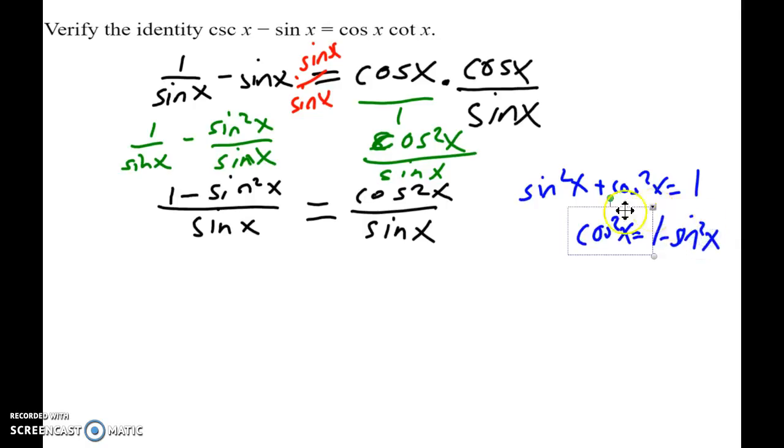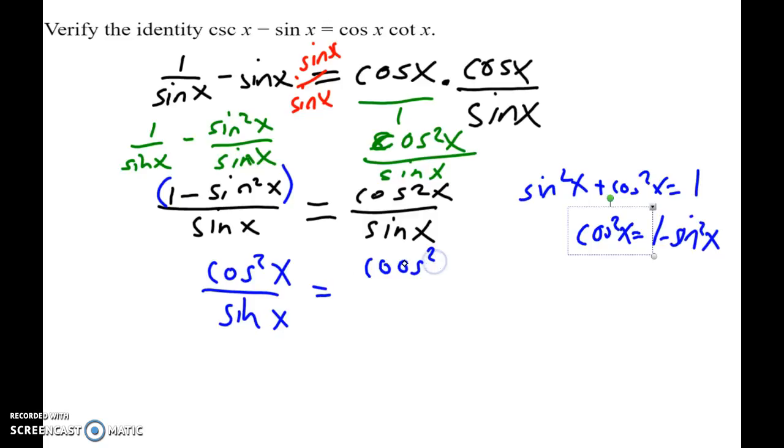So by that identity, this can get traded out for cosine squared of x, and then we've got cosine squared of x is equal to cosine squared of x, and it is verified.